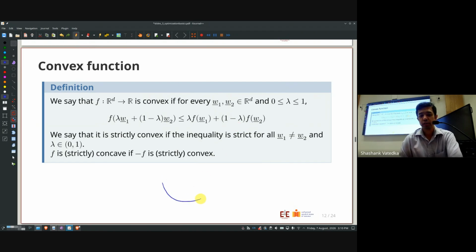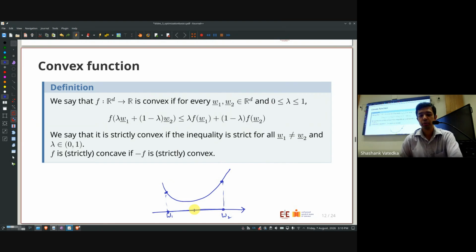So if I take a function f, I take 2 points. Let's call this w1 and w2. Then, as we've seen before, lambda w1 plus 1 minus lambda w2 is essentially the straight line joining w1 and w2, right?